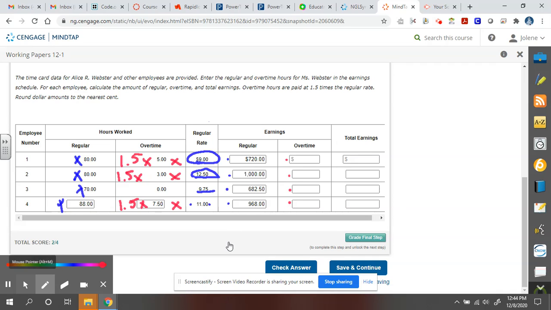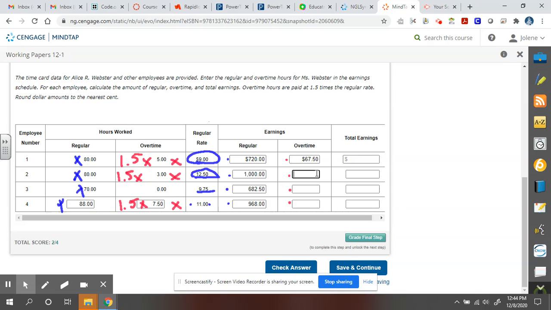Okay, so let's do that real quick. So I'm over here at overtime for employee number 1. 1.5 times 5 hours times $9 an hour. So this overtime is $67.50.